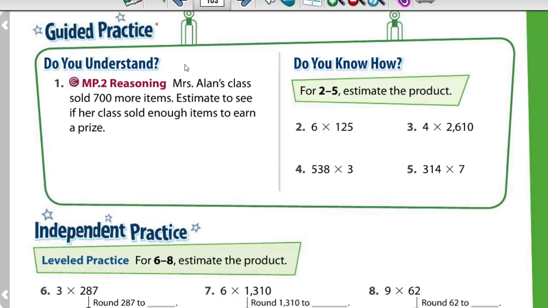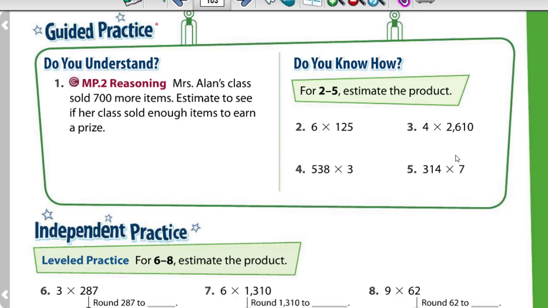Here we have the guided practice, and we will answer question number 2. Mahdi, I'm here.